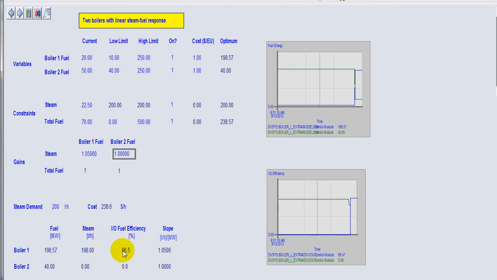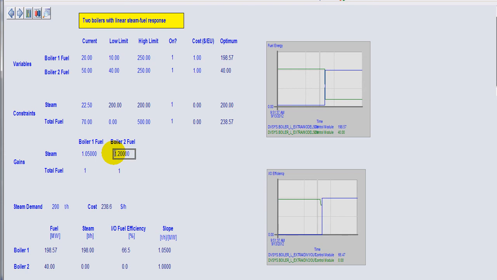As you notice, the steam demand was shifted from boiler 1 to boiler 2 because the incremental efficiency on boiler 2 is now higher than boiler 1. So this gives us the lowest cost of meeting our steam demand.